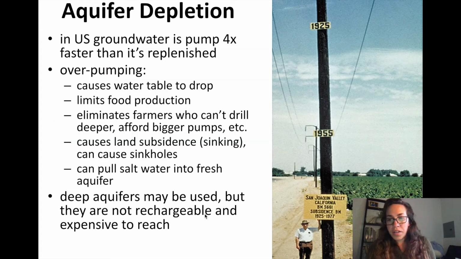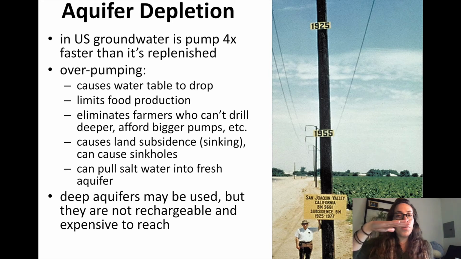In Central California, and here's an example from the San Joaquin Valley, throughout the Green Revolution, the draw of groundwater has exceeded replenishment by fourfold. So we're doing an incredible amount of overpumping of an aquifer that should be being replenished by rainfall, but also by runoff from the Sierra Nevada system.